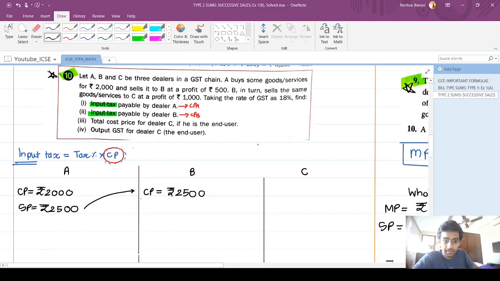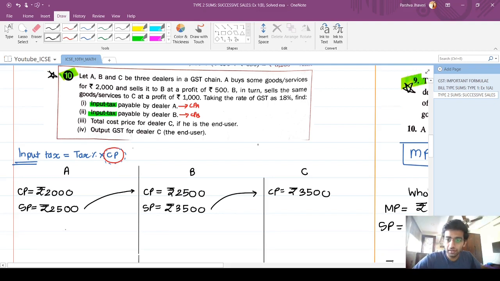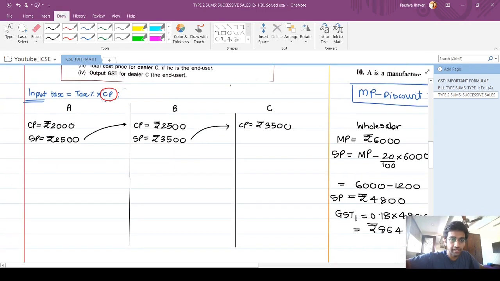He sold it at another profit to C, and C's CP becomes 3,500. So first you figure all this out, then the rest is very simple. Now in order to solve the sub-questions, you just need a bunch of data. It's actually pretty easy. We just write out all the data and keep it ready.